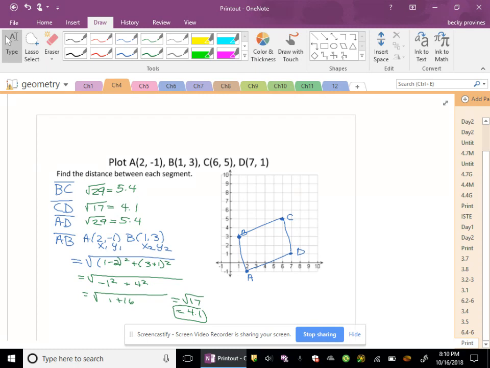So don't find them all. Just pick one. Pick A to B, A to D, B to C, or C to D, and see if you can get the answer. Again, I'm just wanting you to practice so you do it correctly on your homework. So you have my answer here. See if you can get the same answers.